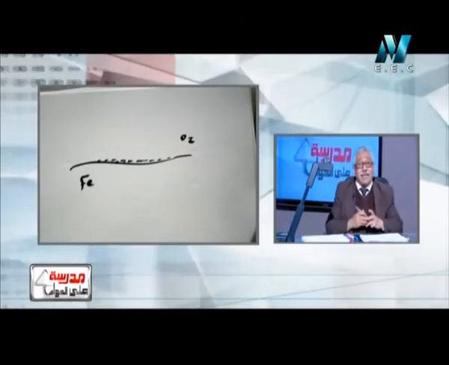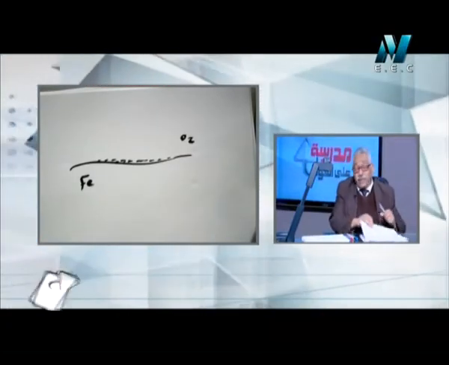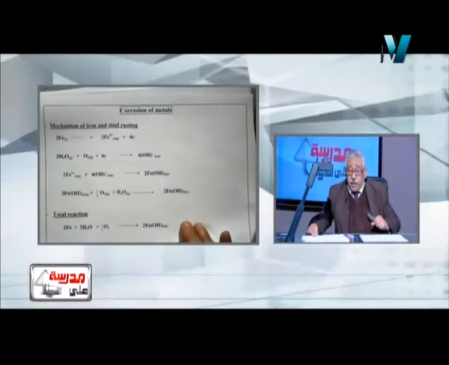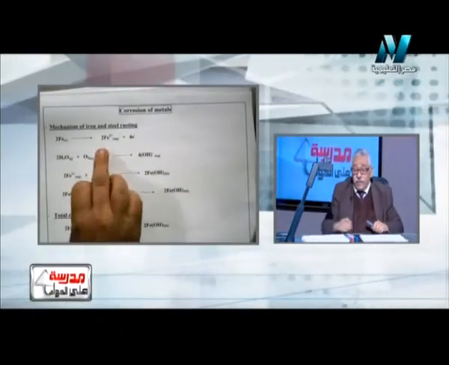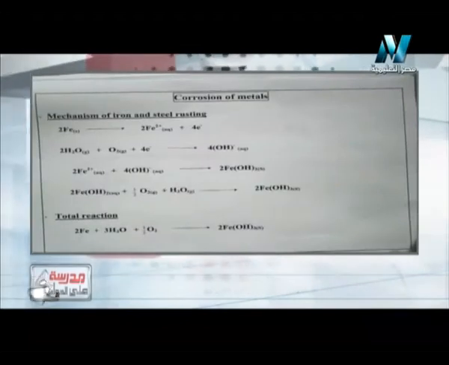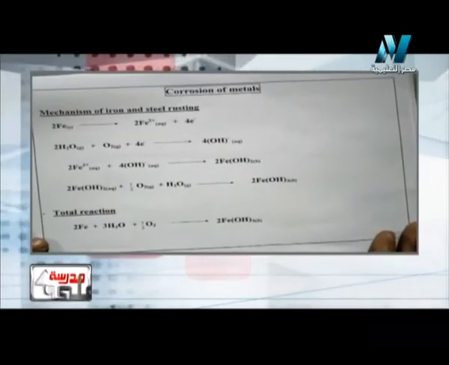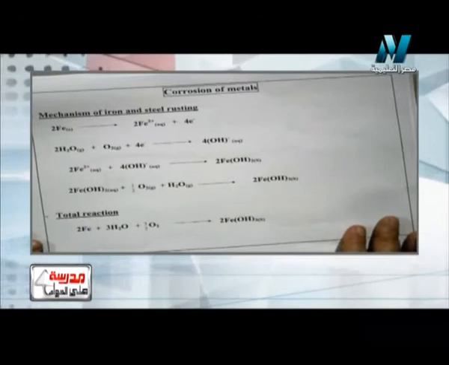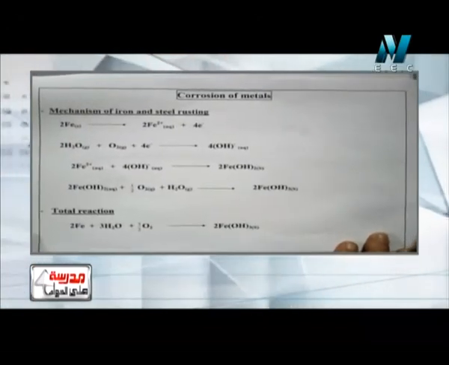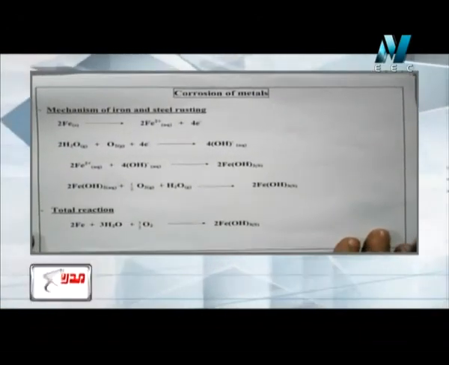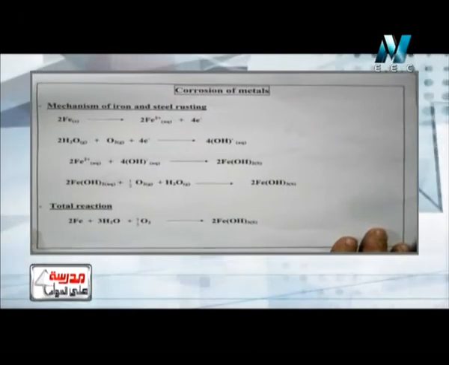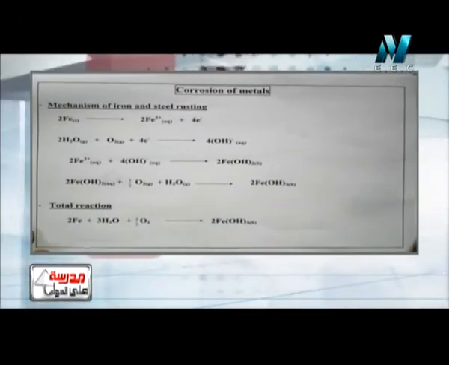This acts as a galvanic cell. How does this occur? Iron is converted into iron positive 2 and loses 2 electrons. This is oxidation.